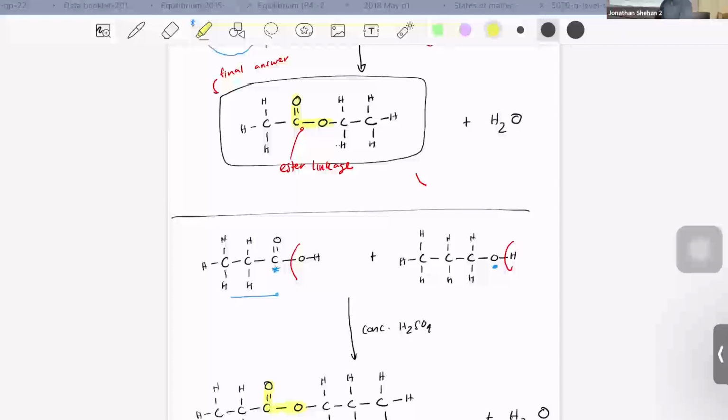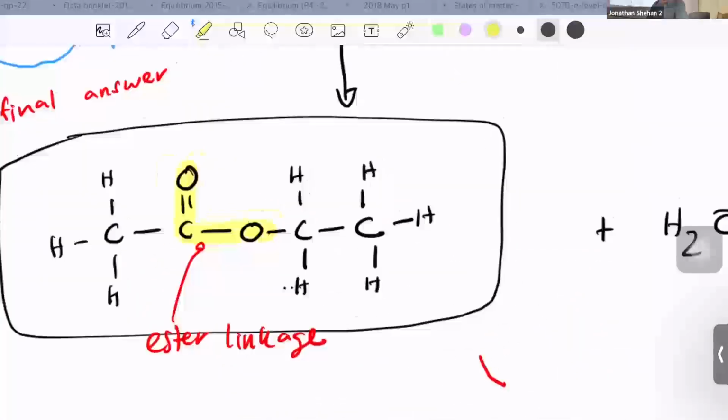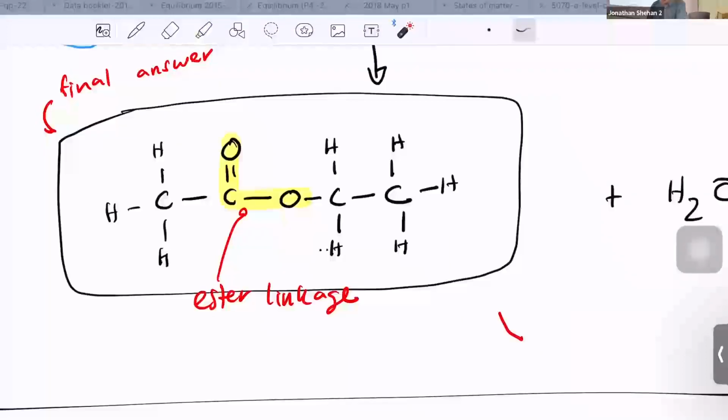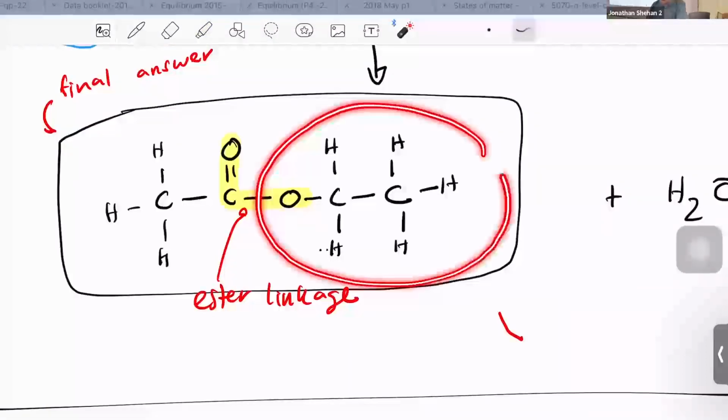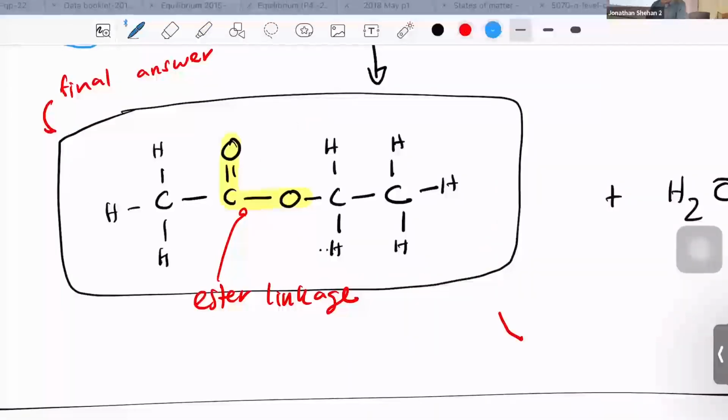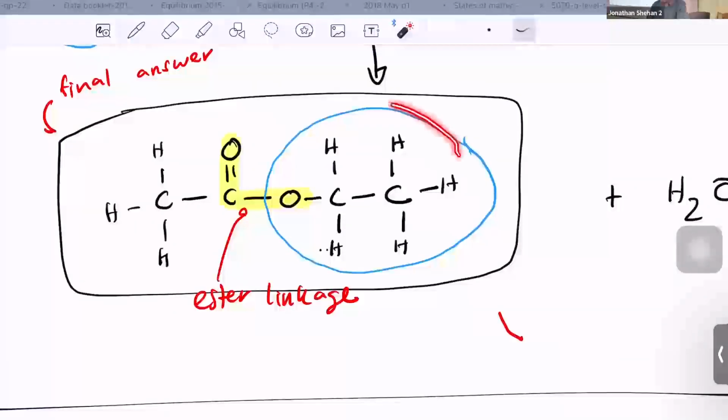Now when we name this, which side is the alcohol part? This side is the alcohol part, so this part of the molecule came from the alcohol. Then this part of the molecule came from the carboxyl.